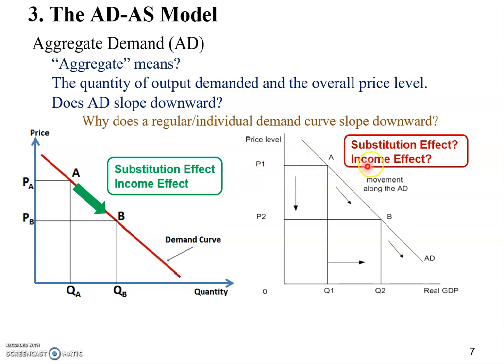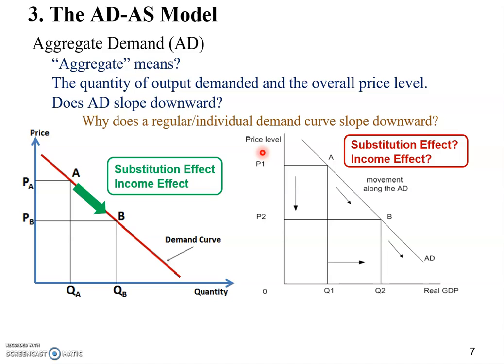And the income effect here: again, when we say the overall price level, it could include input prices like the wage rate. So for example, when you wake up in the morning and find that Apple cut the price of the iPhone 12 by 50%, you should not really be happy with that, because later you would realize that your paycheck has already been cut by 50% as well.